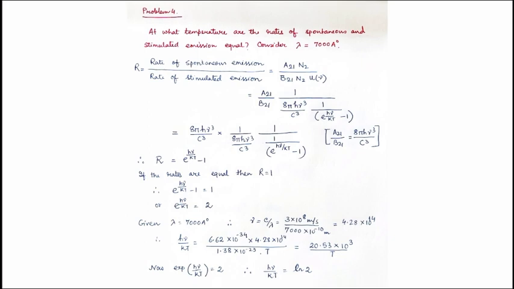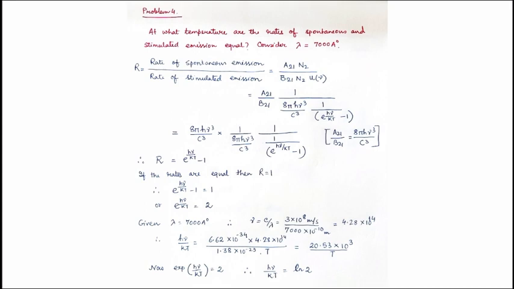Our next problem is: at what temperature are the rates of spontaneous and stimulated emission equal? For this, we need to know about the Einstein coefficients. Let us consider R as the ratio of these two emissions, that is, the rate of spontaneous emission by the rate of stimulated emission.